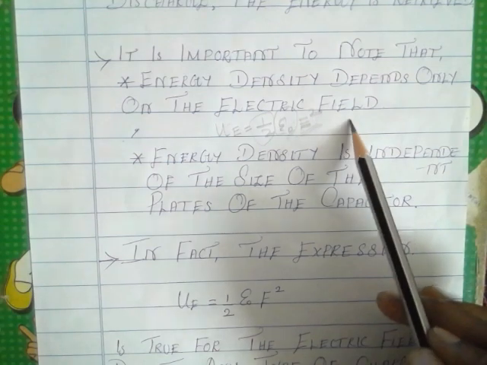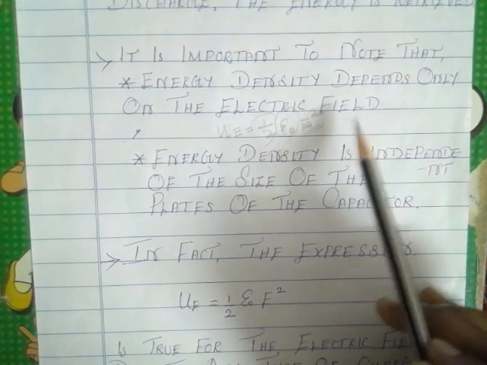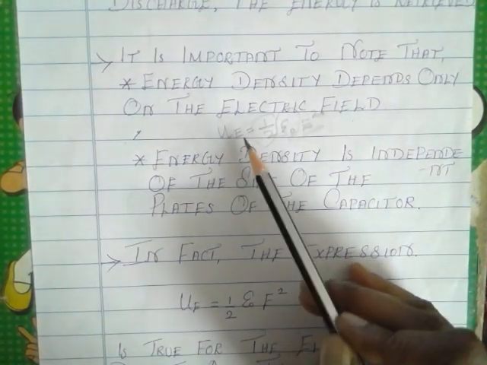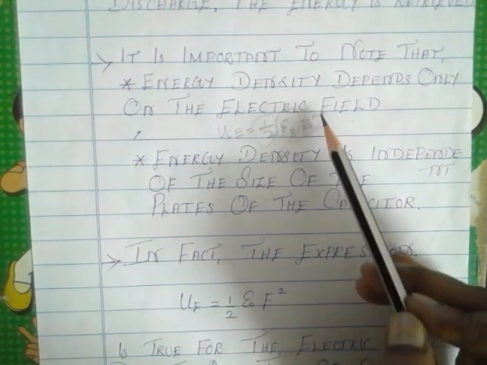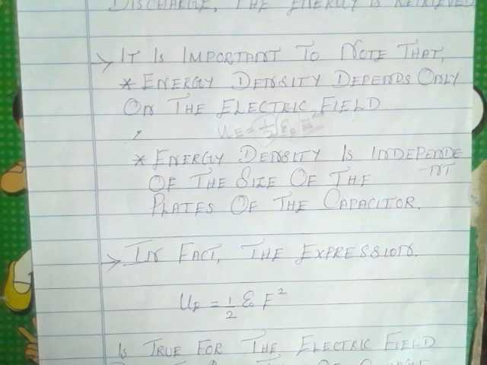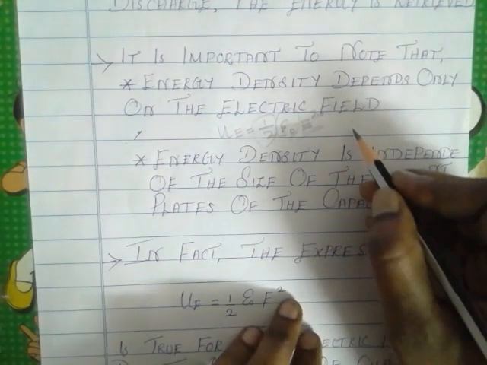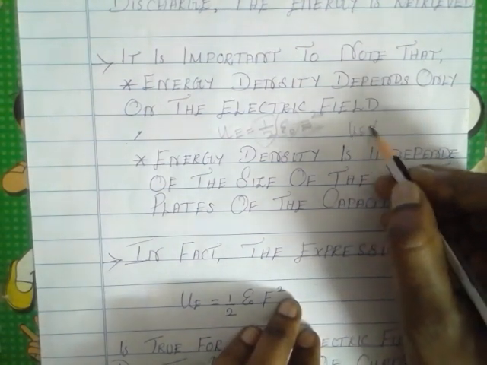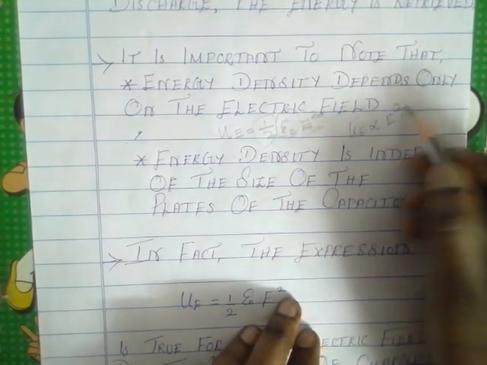It is important to note that the energy density depends only on the electrostatic field, that is u is equal to 1 by 2 epsilon naught E square. 1 by 2 is constant, epsilon naught is also the permittivity of free space, then remaining E is the only variable, so that u is directly proportional to E square.